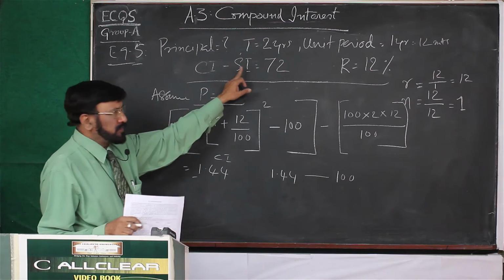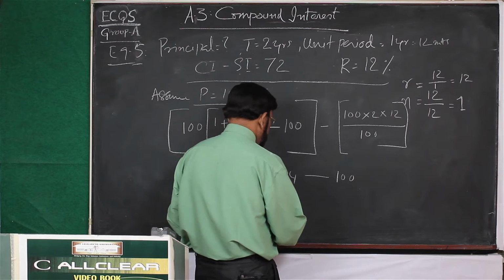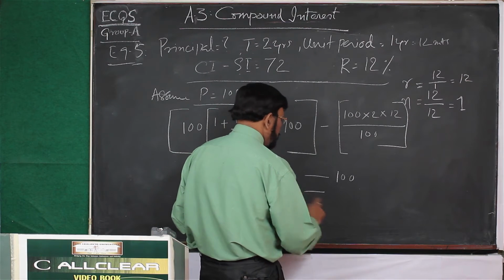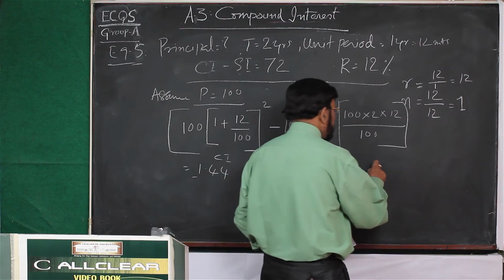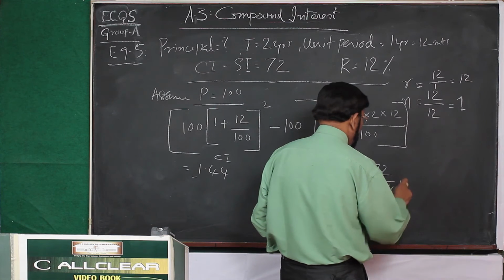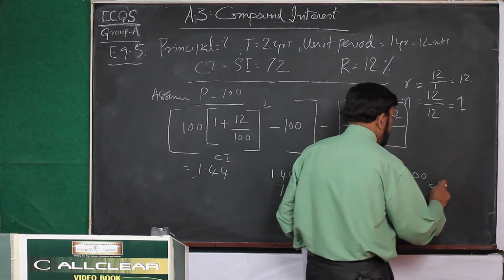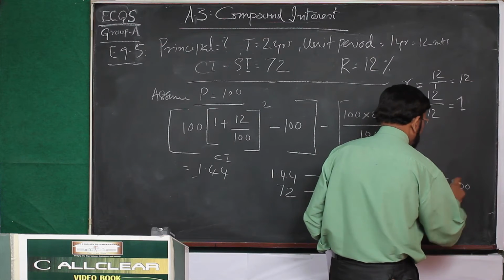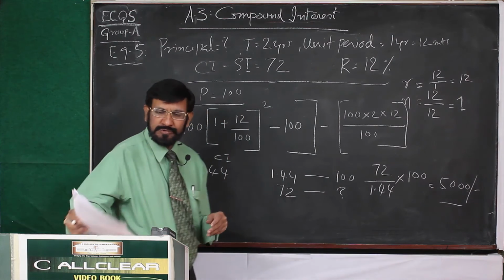The difference between actual CI and SI is 72 rupees. If 72 rupees is this, how much is that? Now 72 by 1 into 100, then this comes to 5,000 rupees. 5,000 rupees, and if you want you can cross check also.